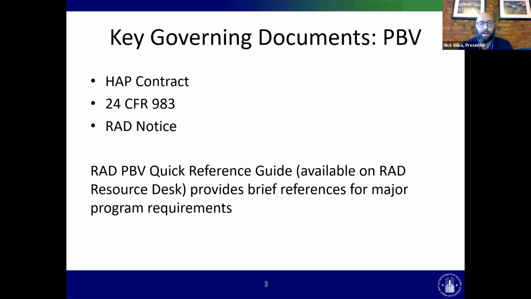The HAP contract, as with PBRA, is the governing document that governs the contract between the PHA and the owner of the property. And of course, in order to have a project-based voucher program, that has to be part of your administrative plan.